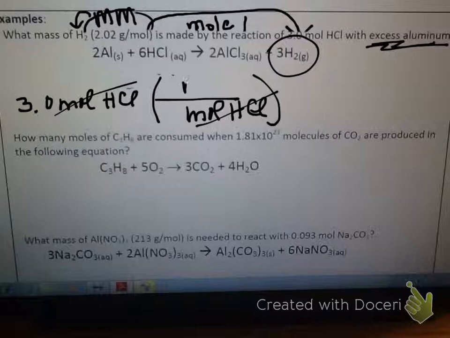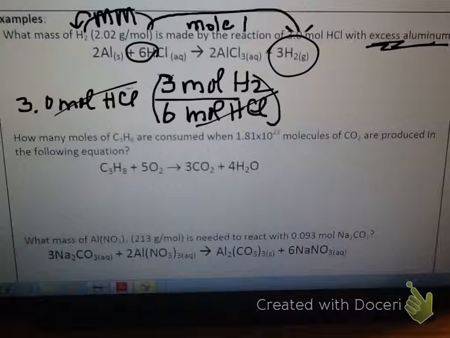So I've got to do a mole ratio to convert quantity of one reagent to another. So I'm going to put my moles of hydrogen up there. Now let's write the quantities from the chemical equation. For every 6 moles of HCl, I produce 3 moles of hydrogen. So I'm going to put 3 over 6 there. Our mole to mole ratio is 3 moles of hydrogen over 6 moles of HCl.